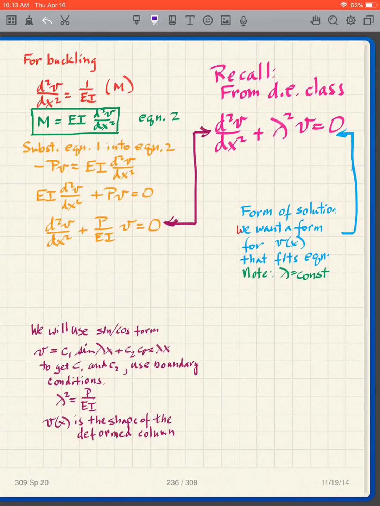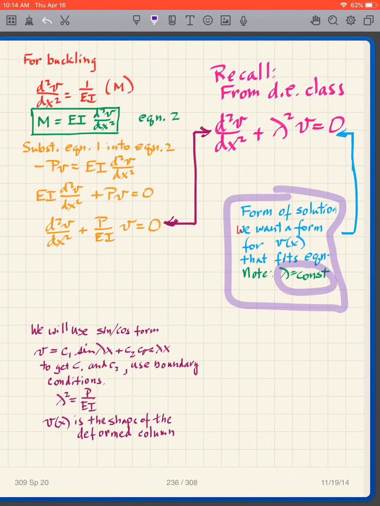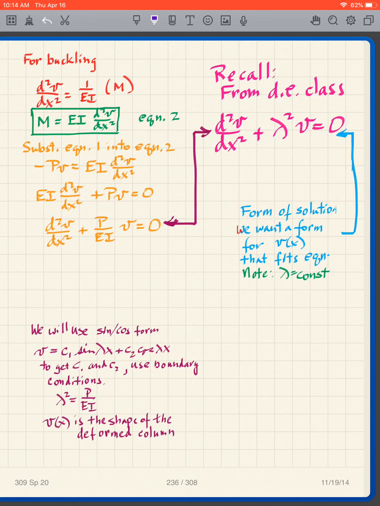Like I say, you solve this differential equation, and we can get the form of the solution. So we want v as a function of x to solve this equation. And if you recall, when you solved this in your differential equations class, lambda was a constant, and it's a constant for us. It's P over EI. We will use the sine-cosine form of the solution of that differential equation.